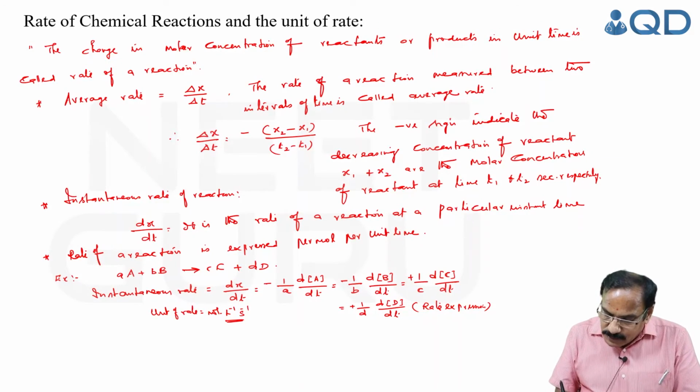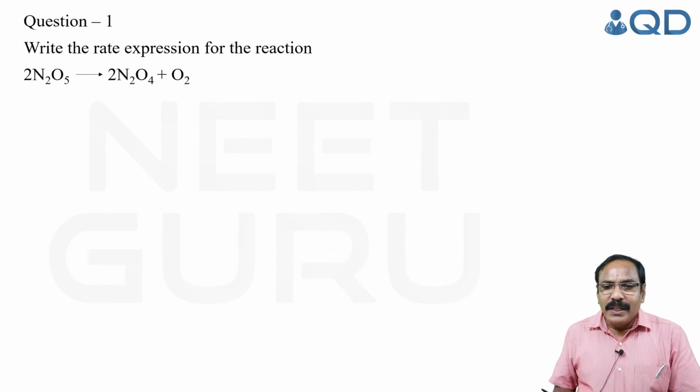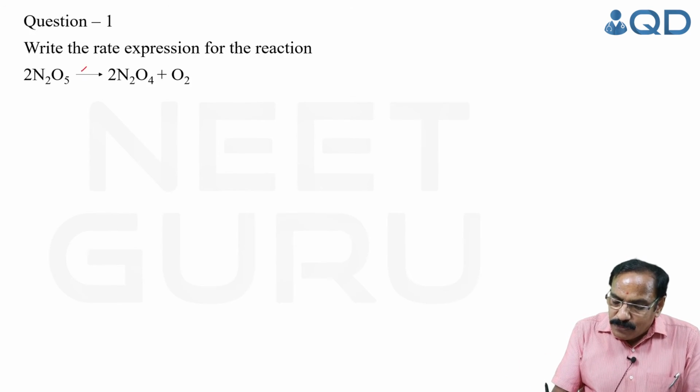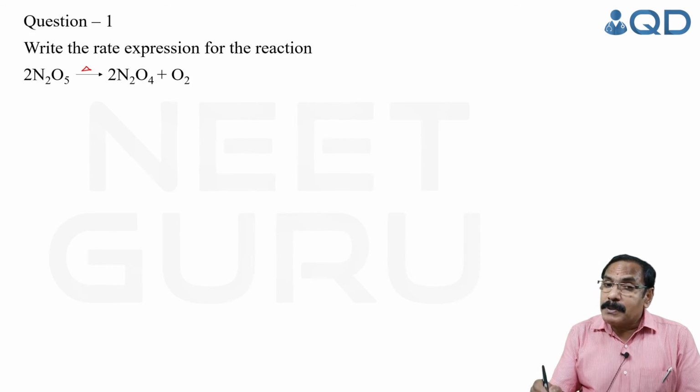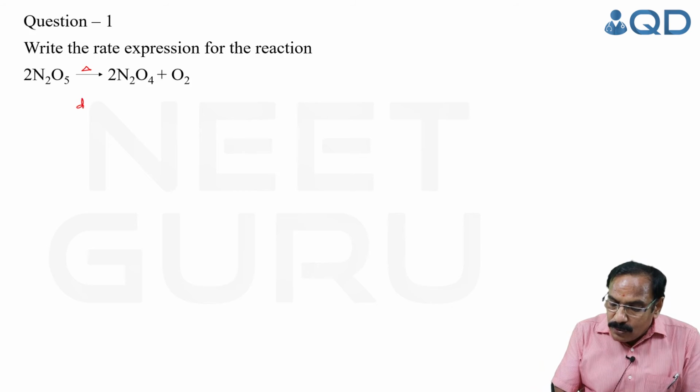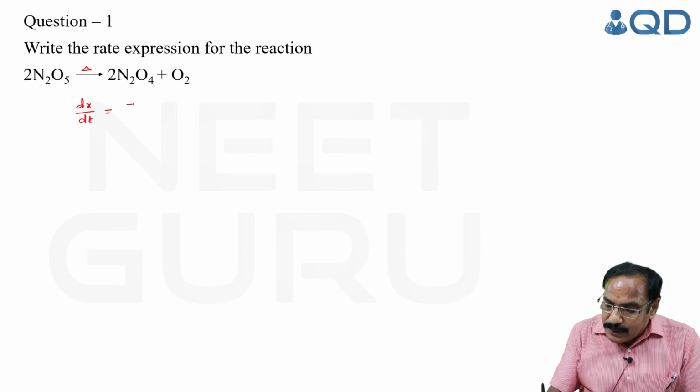Now, let us do a problem. What is the rate expression for the decomposition of nitrogen pentoxide to nitrogen tetroxide and oxygen? Remember, rate is expressed per mole. So, dx by dt equals, with respect to reactant, we should put a negative sign, and per mole means you have to take the reciprocal of the coefficient.